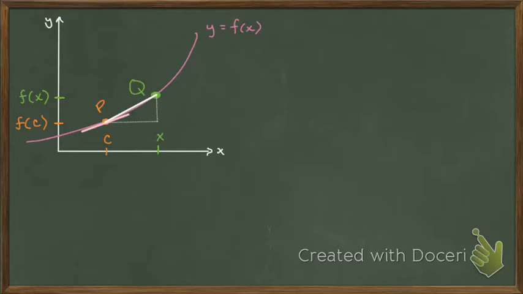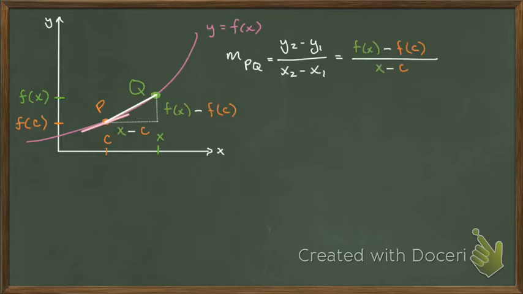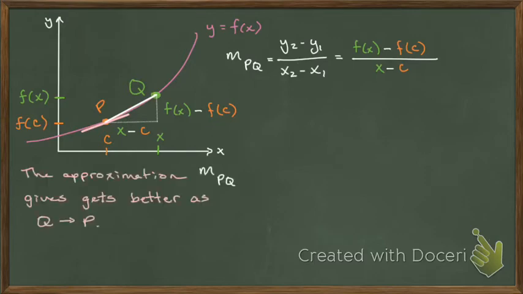It's closer to the slope at P. My slope formula is still going to remain exactly the same here, but now my x values are just closer to c. So again, that approximation, MPQ, gets better as Q approaches P.